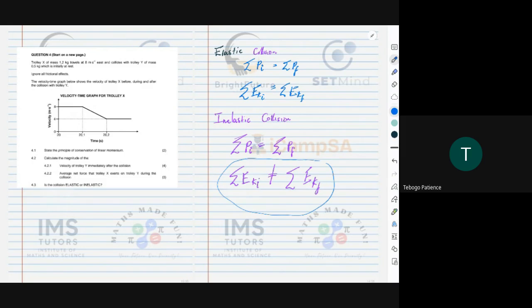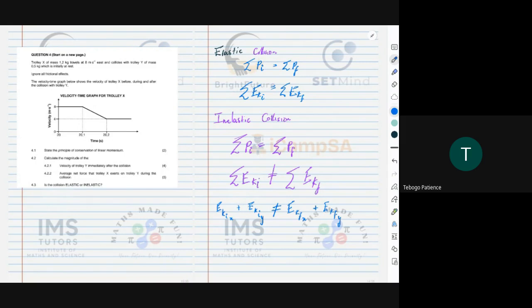So I'm going to take kinetic energy Ki of x plus kinetic energy Ki of y must not be equal to kinetic energy Kf of x plus kinetic energy Kf of y, of the y trolley. We are just substituting here to get that they are not equal.